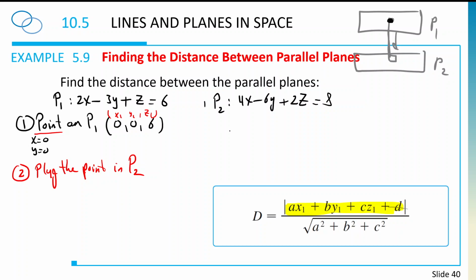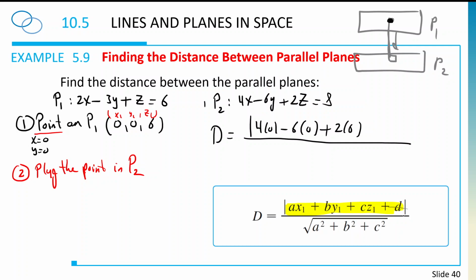This is the rule of the distance. So D equals, I replace the point in P2. This is 4 times x1, which is 0, plus negative 6y, which is 0, plus 2z, which is 6.